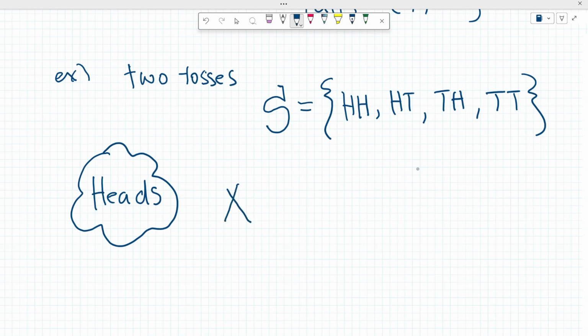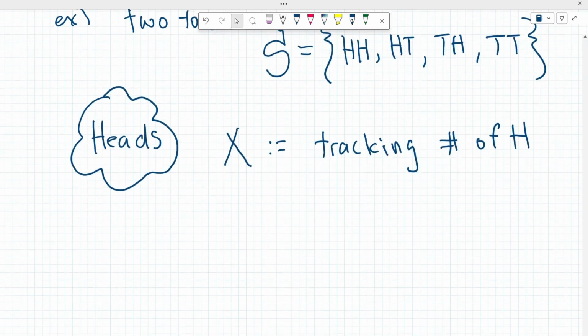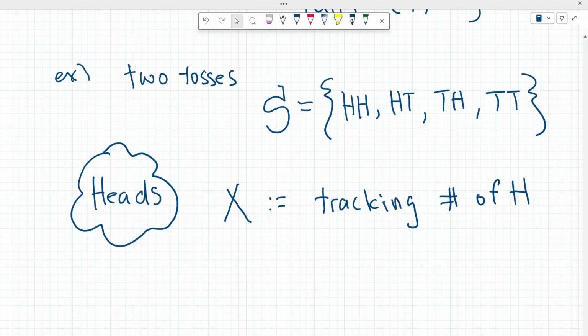So X, we're going to have that denoted as a random variable, and it's tracking the number of heads. Okay, so that's how we're setting up this experiment, and now you'll see how we can take these values from our sample space and represent them mathematically. That's the whole trick of having our random variable.